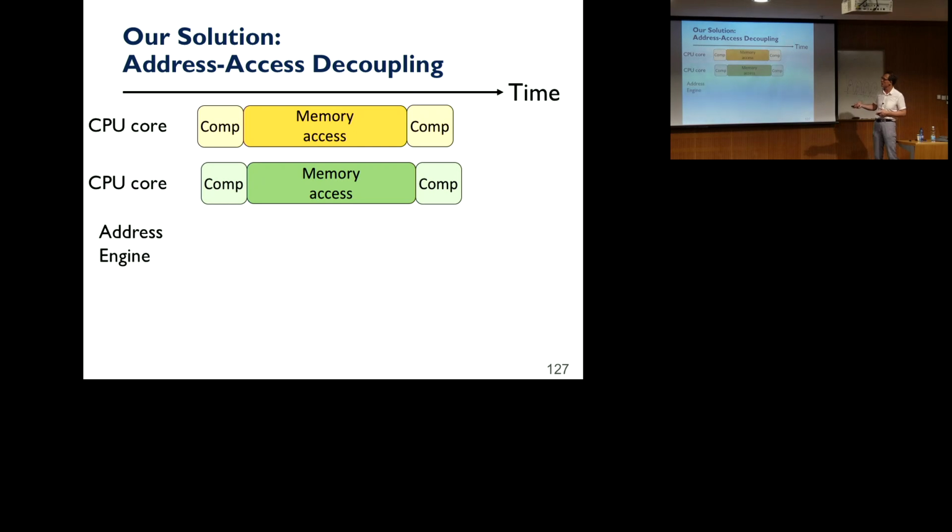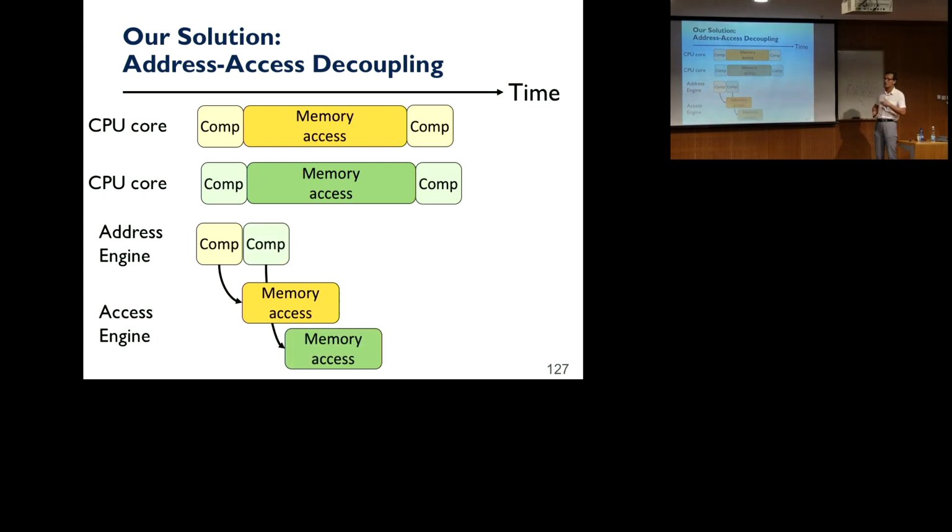You have the CPU cores that are sending pointer chasing requests, and we have an address engine in the accelerator and an access engine. The address engine basically starts accesses, does the computation, and its job is to start accesses. Whatever is supplied by the CPU cores, the address engine starts those accesses.